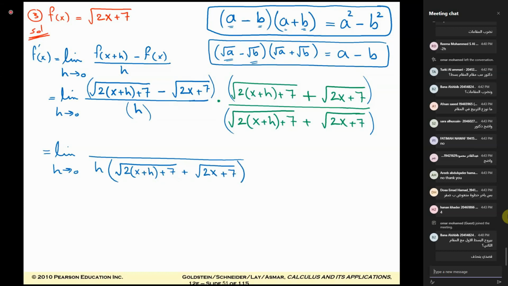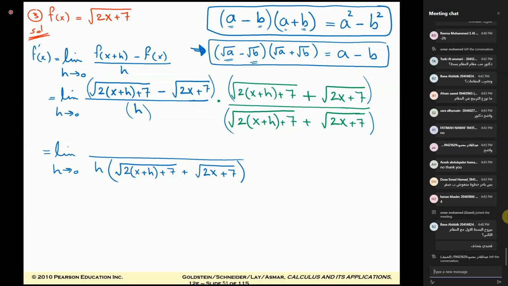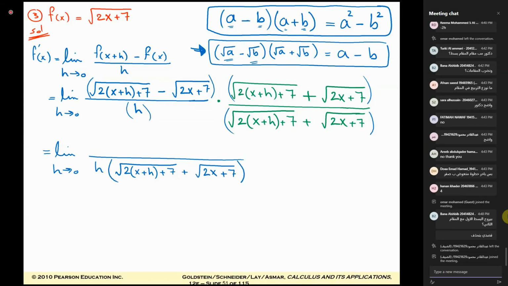What's the value of the numerator? Applying the rule, when we multiply the radicals with a negative and a positive between them, this is a minus b, and inside each root we have 2x plus h plus 7 minus, inside the other root, 2x plus 7, because after multiplying, a is inside the first root and b is inside the second root.